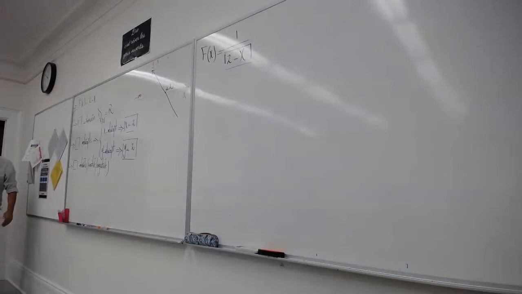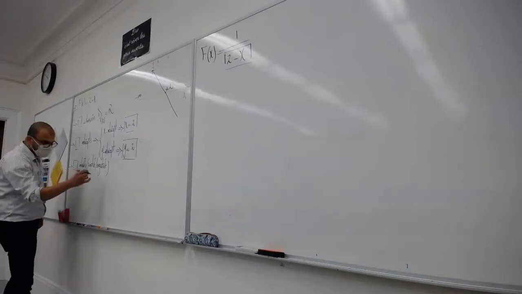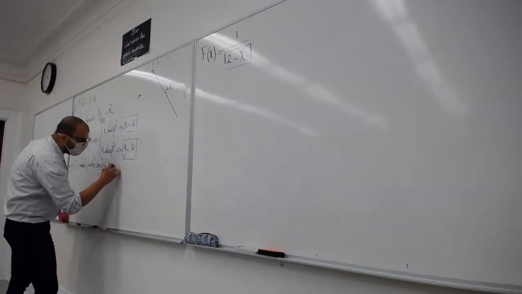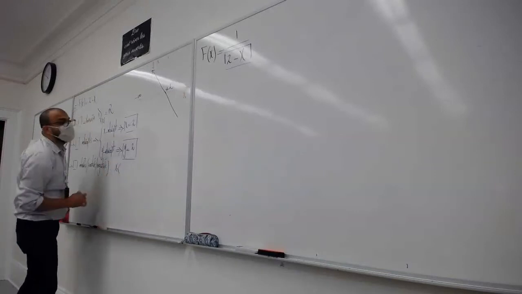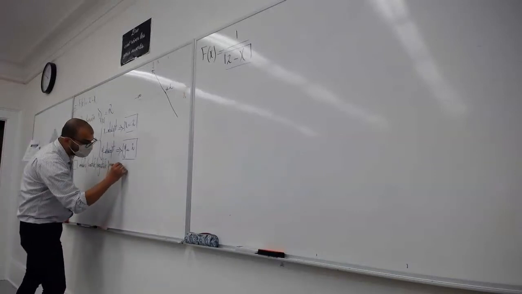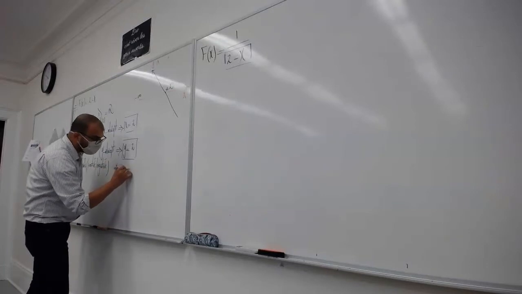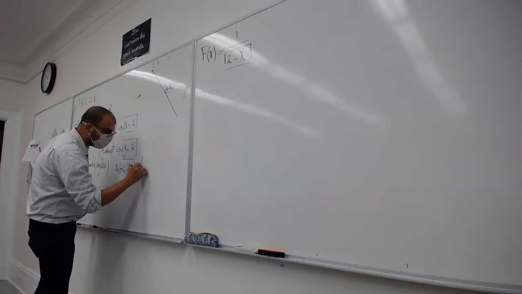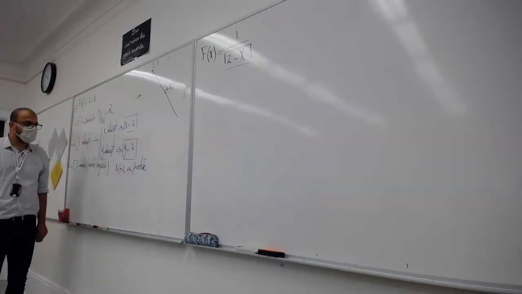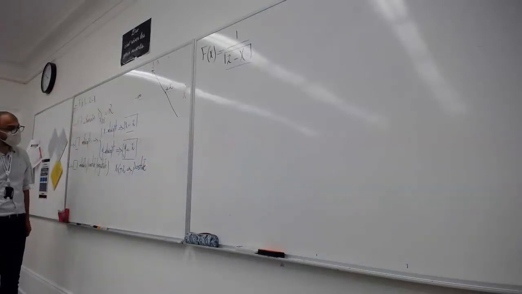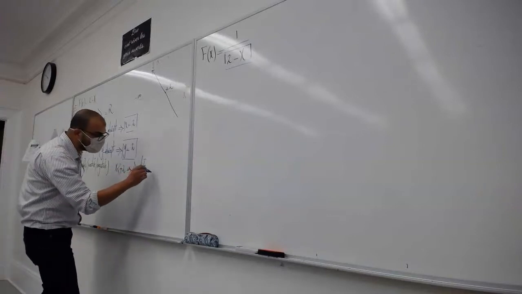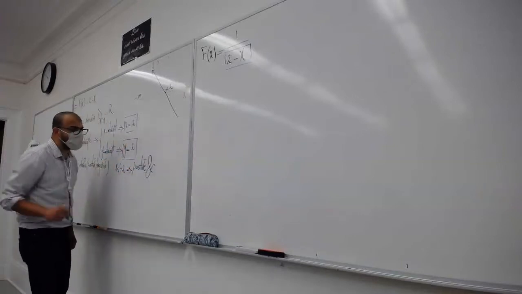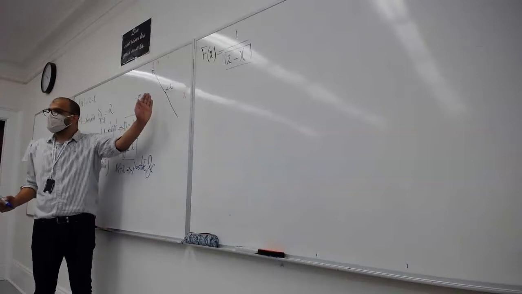Yes, Caitlin? Now, then it means that in the interval x less than plus 2, the function is what? Positive. I wish I had a different color. And after 2, the function is negative.